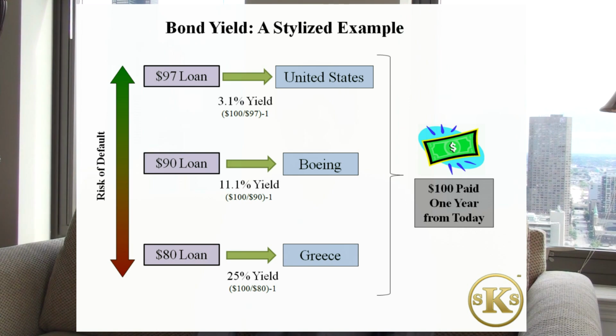She might lend Greece $80, which represents a current yield of 25%, or maybe even less. Yields increase because the investor will pay less money for the same future payment. However, this increase coincides with a greater risk of default, where the investor will receive nothing in the future.